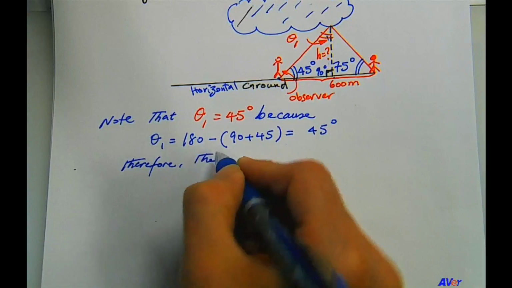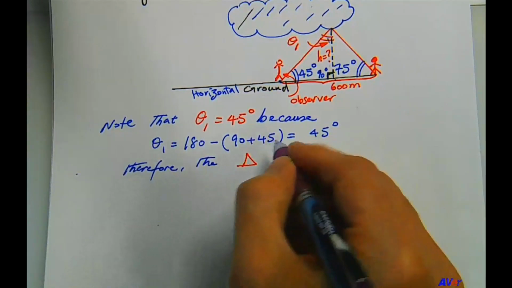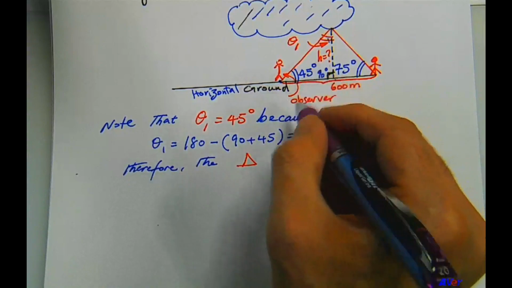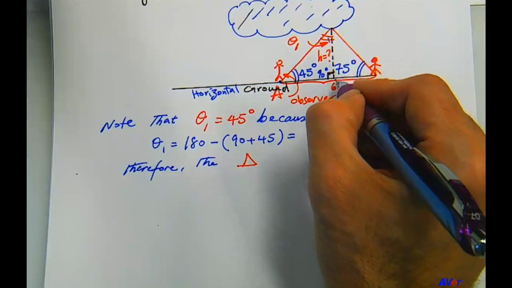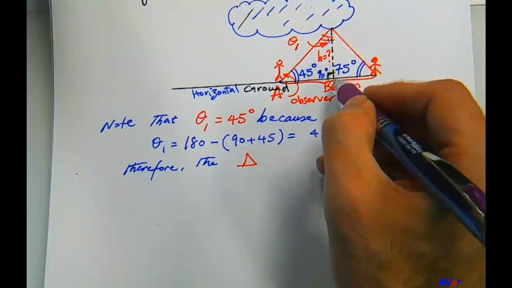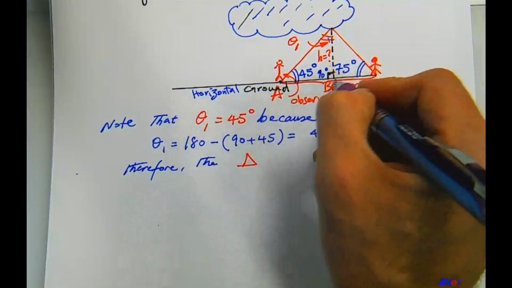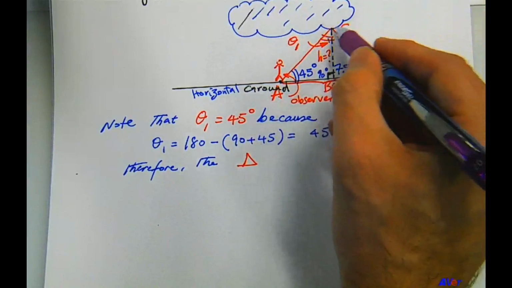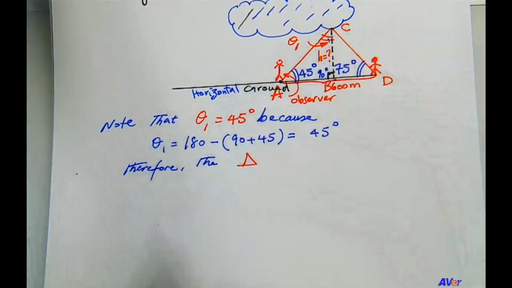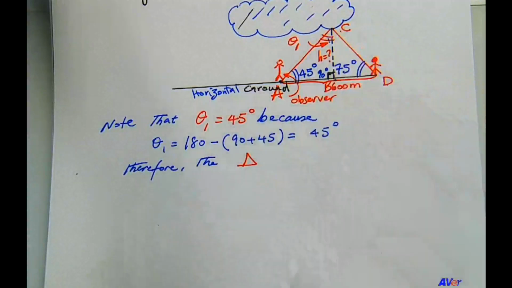Therefore, the triangle, let's name these. So let me call this A. I'll call this point B. Sorry, this is getting too crowded on my drawing. So this point A, this point B, and this, let's call this D, and the point that is at the cloud, let's call that C. So A, B, D, and C.